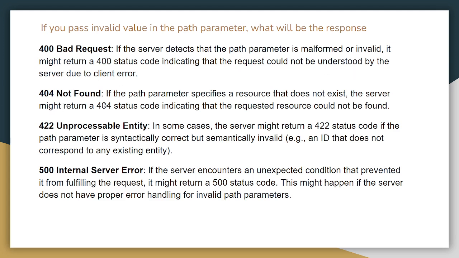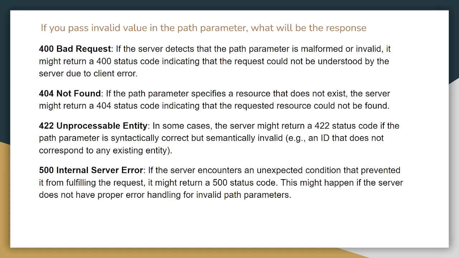Then 404 not found. If the path parameter specifies a resource that does not exist, the server might return a 404 not found status code, indicating that the requested resource could not be found. Then 422 is unprocessable entity. In some cases, the server might return a 422 status code if the path parameters are syntactically correct but semantically invalid.